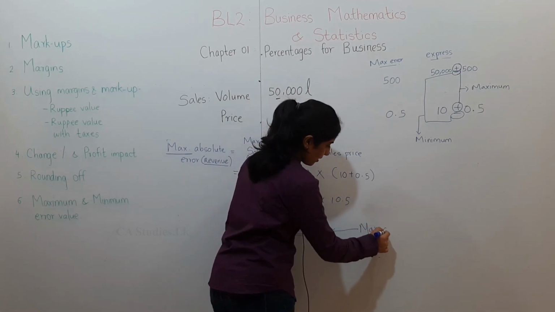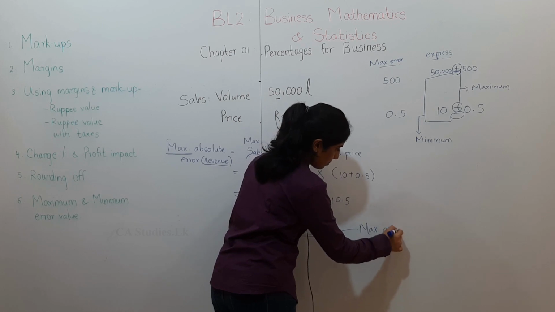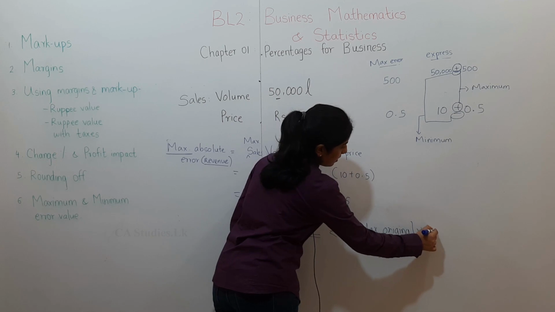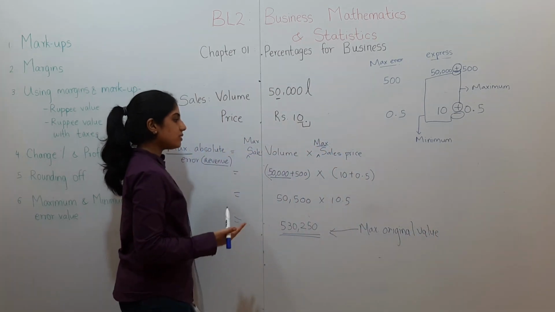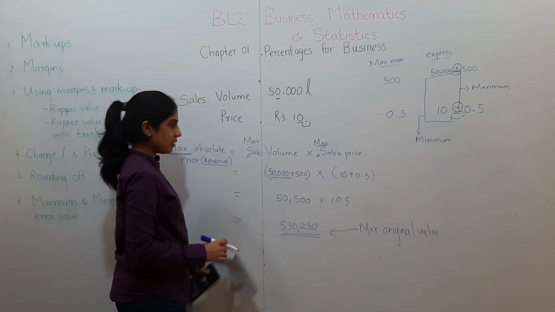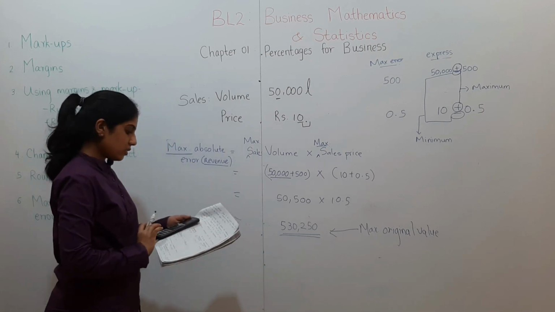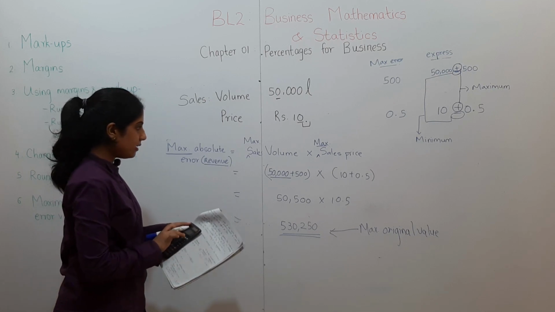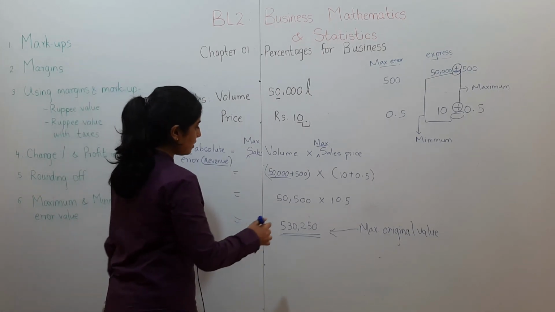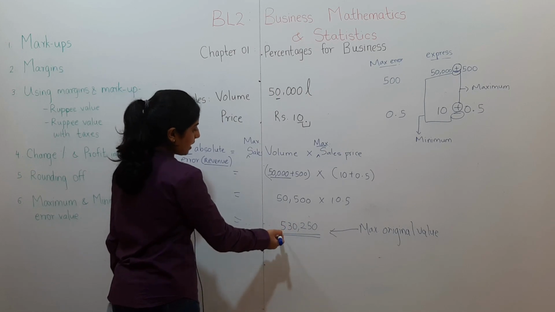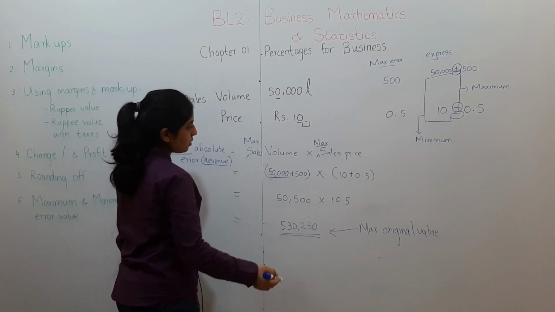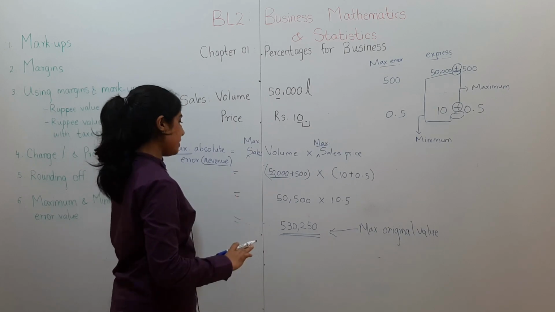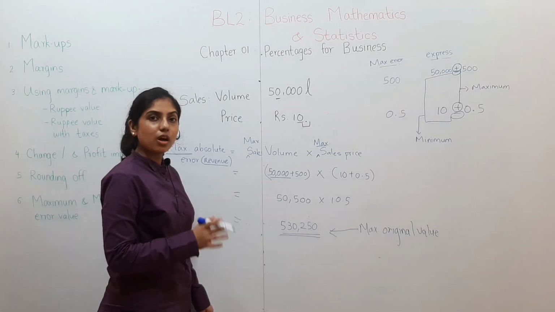Okay. This is the maximum original value. What is the error, ideally? Ideally, you must take the difference between your maximum original value and your estimated value, that means the rounded value.